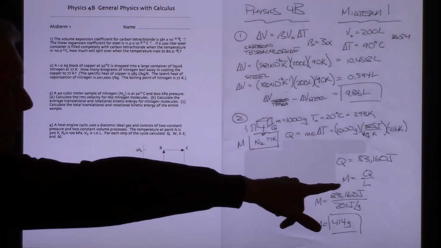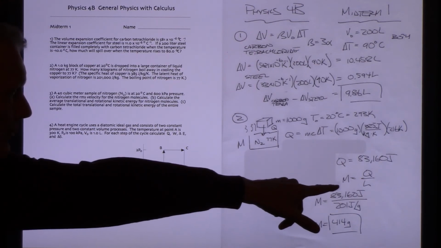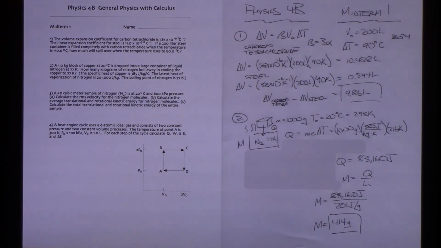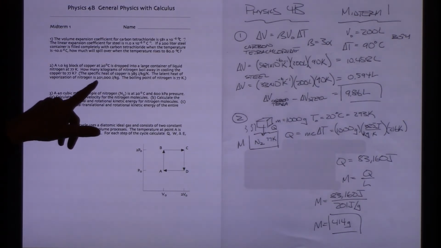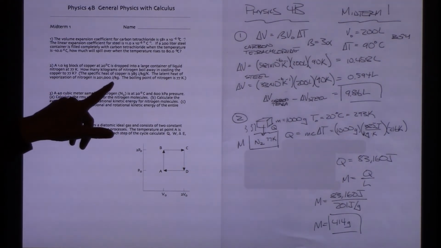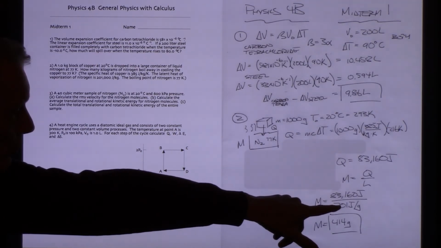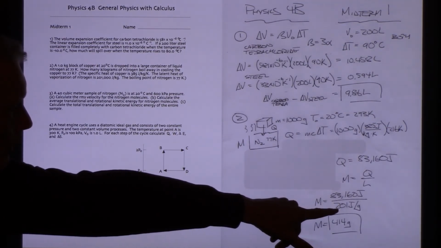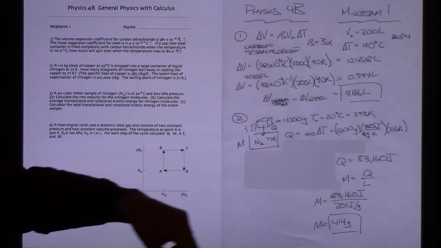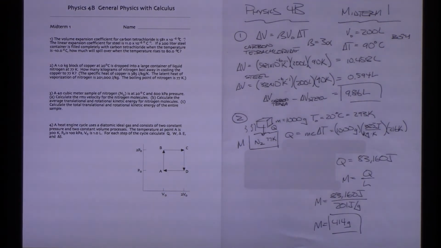The mass of liquid nitrogen that vaporizes will be given by the amount of heat coming in divided by that latent heat number. Now the latent heat number is given as 201,000 joules per kilogram. And so I switched that over to 201 joules per gram and then divided and got 414 grams.